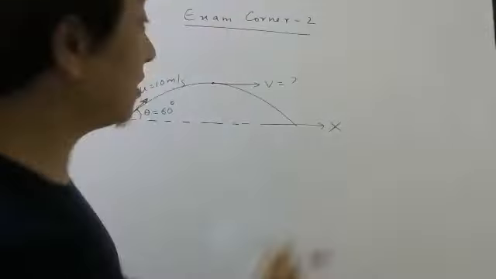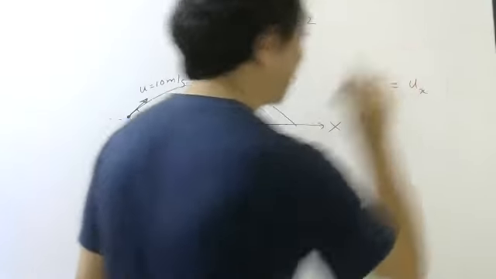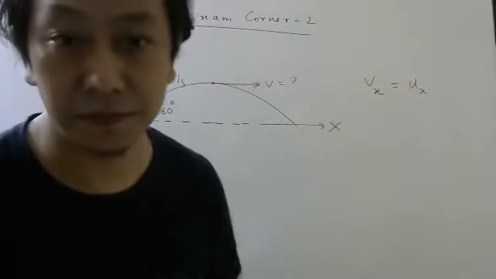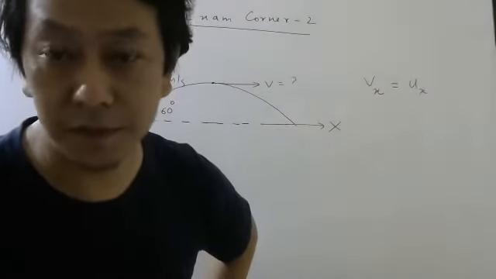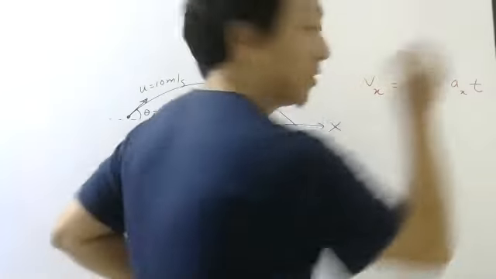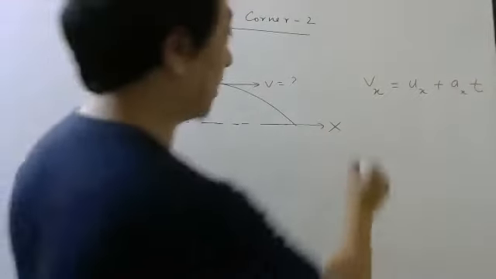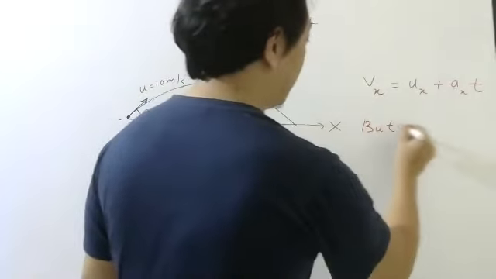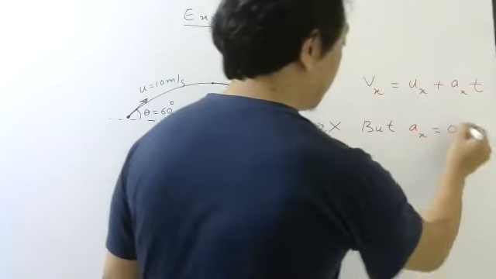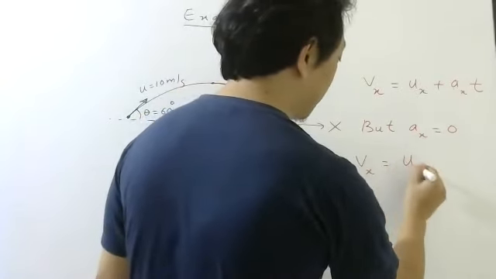If acceleration is 0, we know that Vx should be equal to Ux. Yes or no? Because usually we write Ux plus ax t, but ax is 0. So Vx will be equal to Ux.